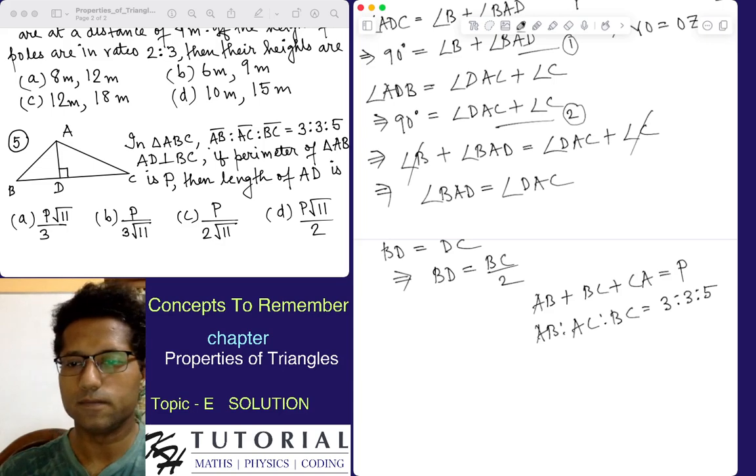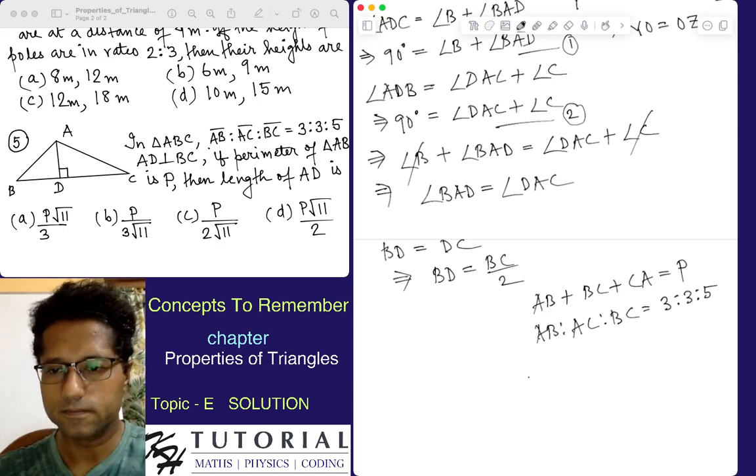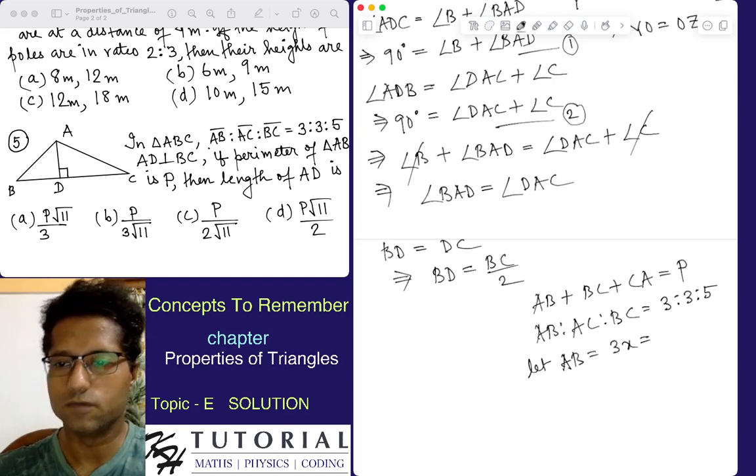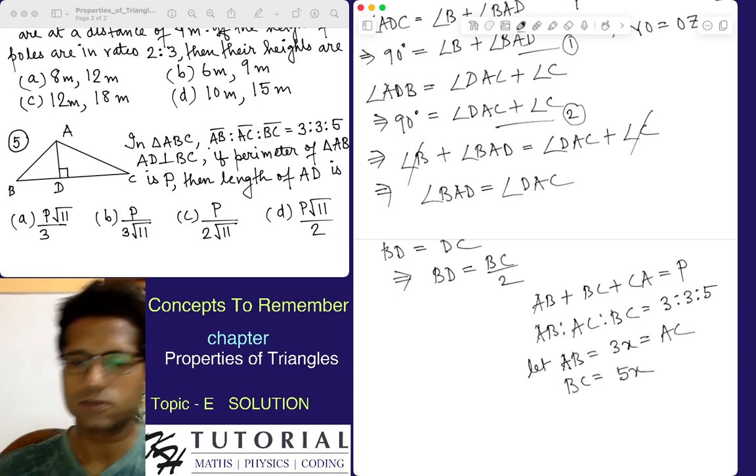So we can say let AB equal 3x, this will also be equal to AC, and let BC be equal to 5x.